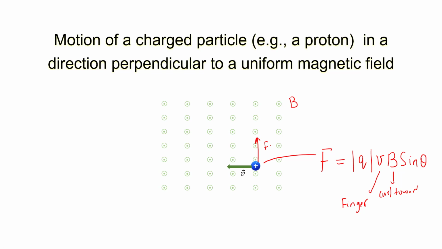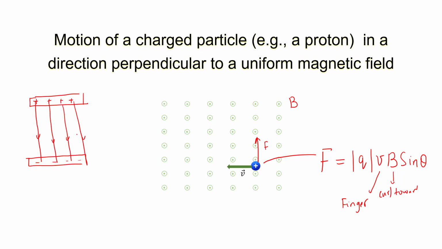So now we talked about two types of forces on a charged particle. Last time we talked about force due to electric field. Now we saw the force due to magnetic field. So both electric field and magnetic field exert force on a charged particle. So if you have an electric field, let's say that's positive and that's negative, and when you have two kinds of charges, there is an electric field going from positive to negative.